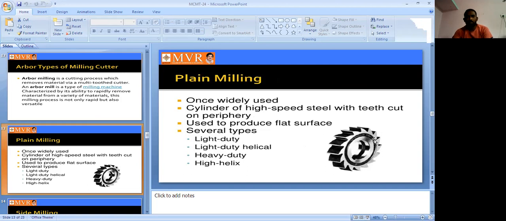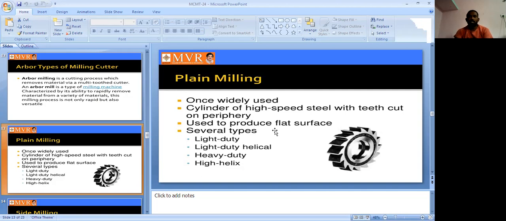This kind of cutter is widely used. It is a cylinder of high speed steel with teeth cut on it. These teeth are made of high speed steel. It is a cylinder of high speed steel with teeth cut on the periphery, used to produce flat surfaces.